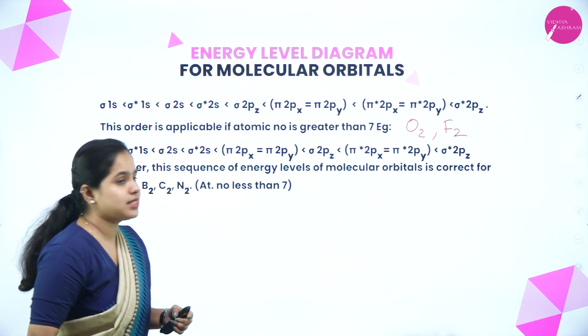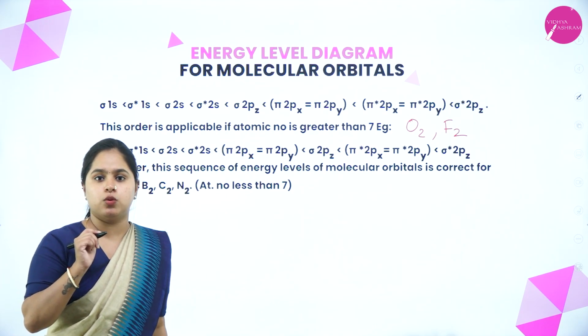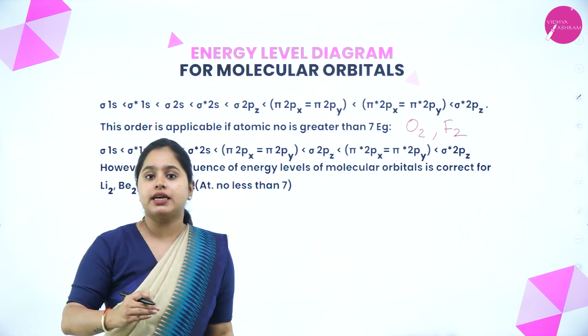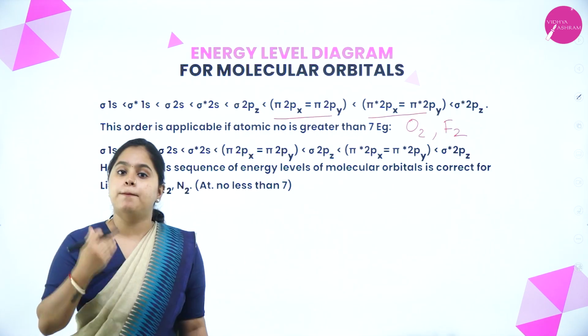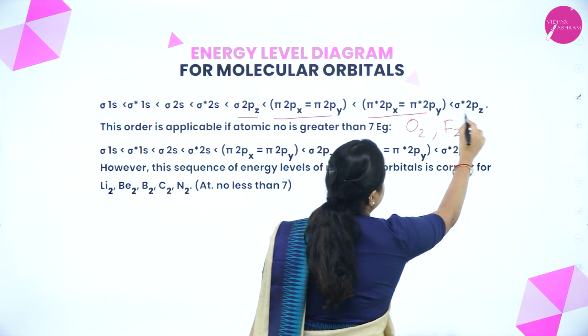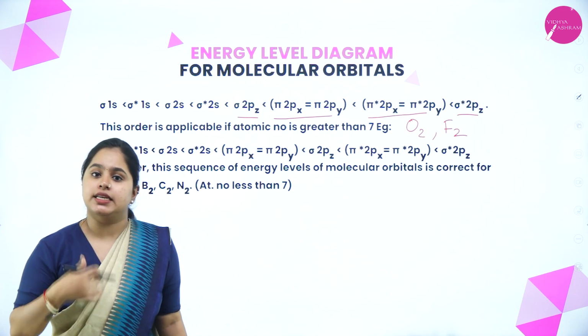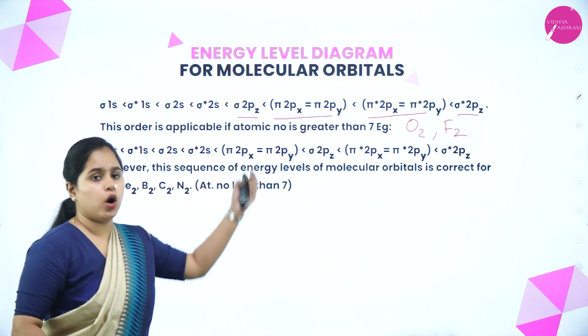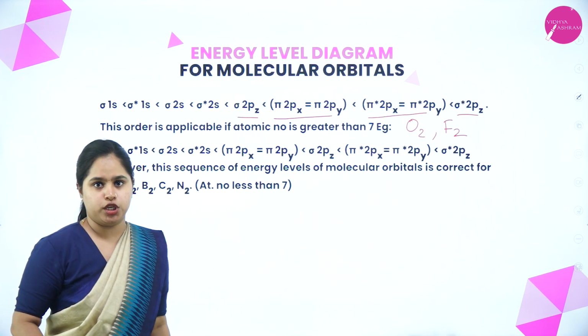In the p orbital we know there are px, py and pz orbitals. The px and py form pi molecular orbitals and the pz forms the sigma molecular orbital. I hope it is clear. So this is the order in the case of O2 and F2 molecules.